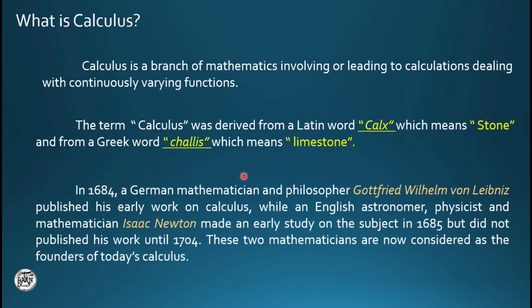In 1684, a German mathematician and philosopher Gottfried Wilhelm von Leibniz published his early work on calculus, while an English astronomer, physicist, and mathematician Isaac Newton made an early study on the subject in 1685, but did not publish his work until 1704. So these two mathematicians are now considered the founders of today's calculus.